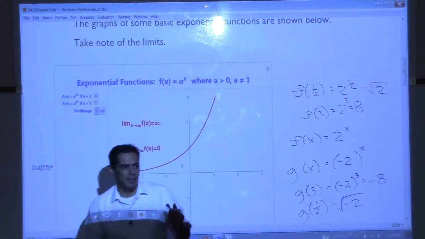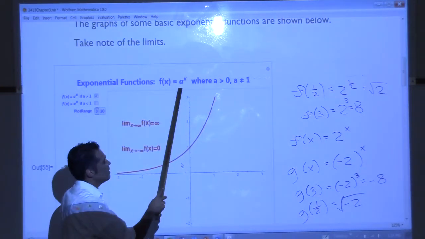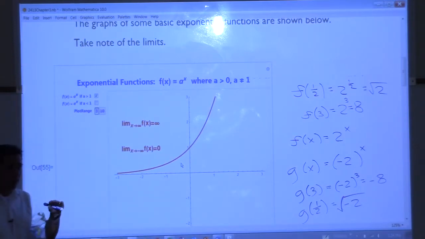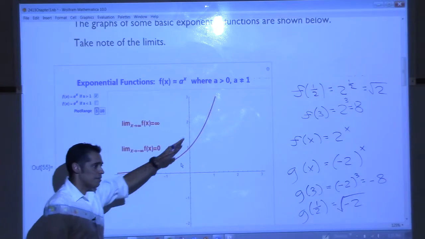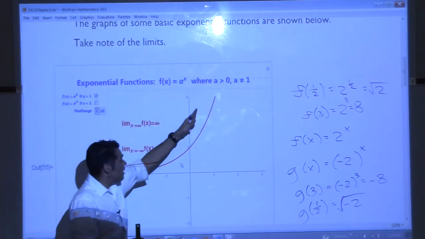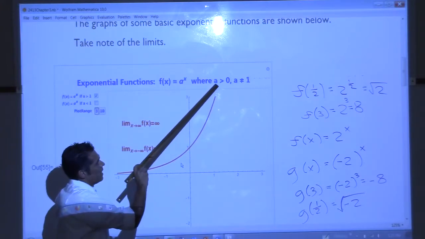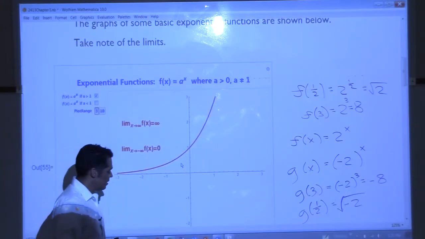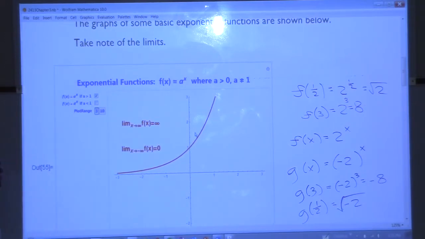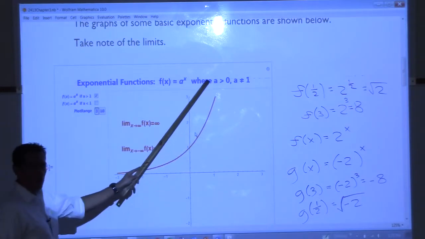So if you let your base be a negative number, your function starts behaving very strangely, and it's not going to look like what exponential functions look like. In order for them to all look the same, we need to make sure that the base is positive, all right?